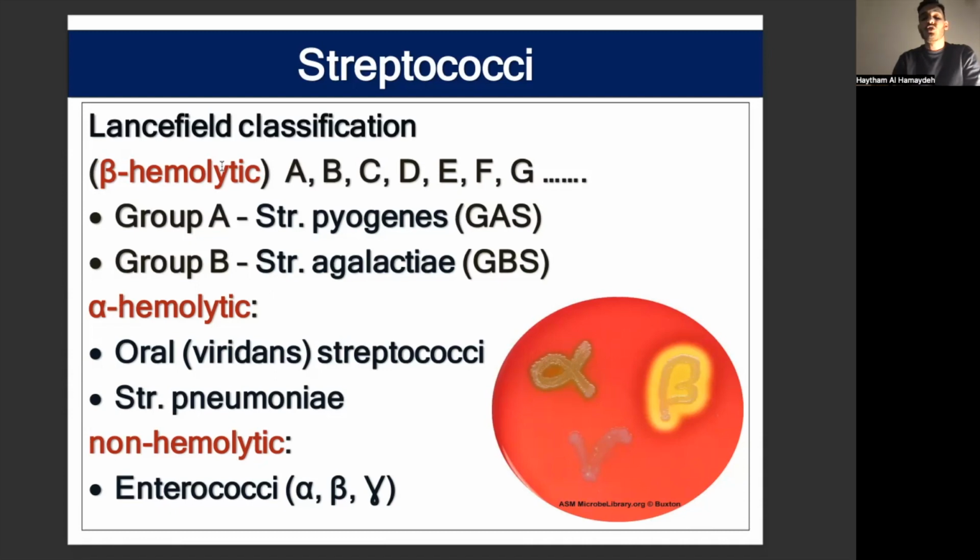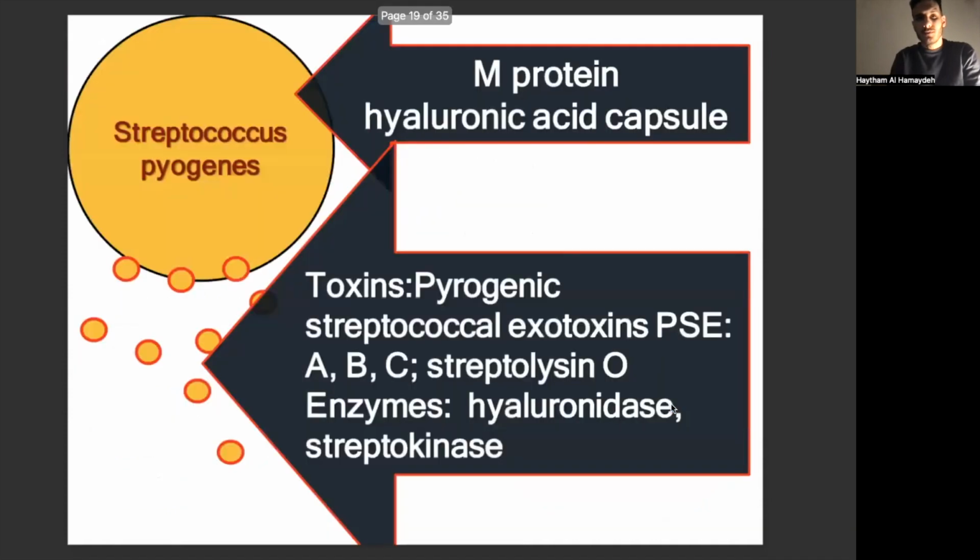And the non-hemolytic, which cannot digest RBCs or hemoglobin, is Enterococci. Hemolytic activity would produce yellow, and this would produce green, and this also appears a little green as well, but yellow here because beta hemolytic activity breaks down the RBCs really well.